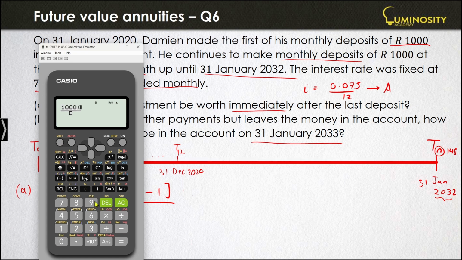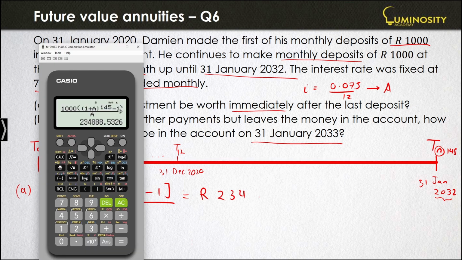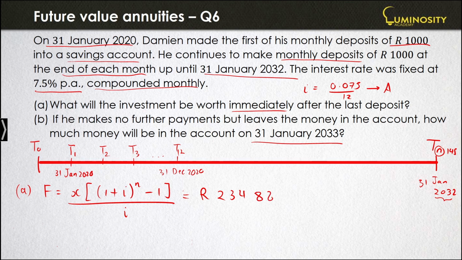X is 1,000, open brackets, 1 plus your interest rate, to the power of n, which is 145, minus 1, all over the interest rate A. And I'm going to get 234,888.53.